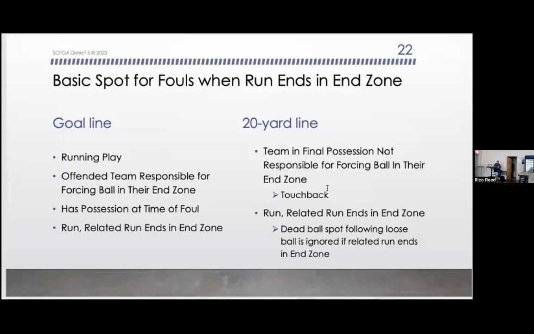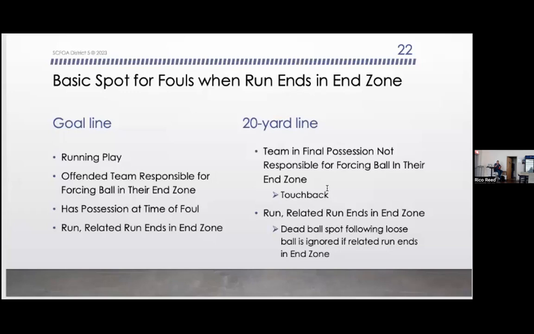And then 20-yard line: the team in final possession is not responsible for forcing the ball into their end zone, i.e. touchback, and then the run or related run ends in the end zone. So when it comes to getting this correct, the first thing you've got to sort out is the result of the play. Was it a touchback or a safety?